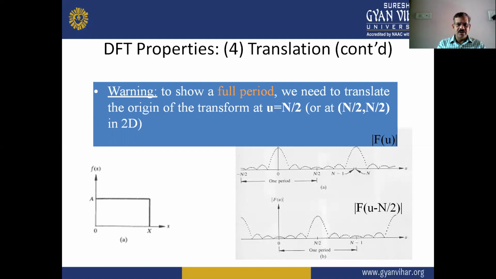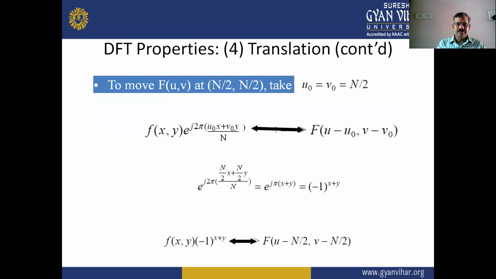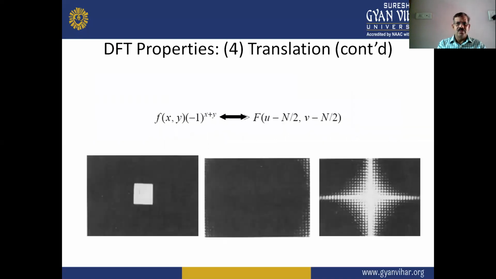And to move F(u,v) to n/2 takes u naught equal to v naught equal to n/2. So f(x,y) times minus 1 to the power x plus y equals F(u minus n/2, v minus n/2).